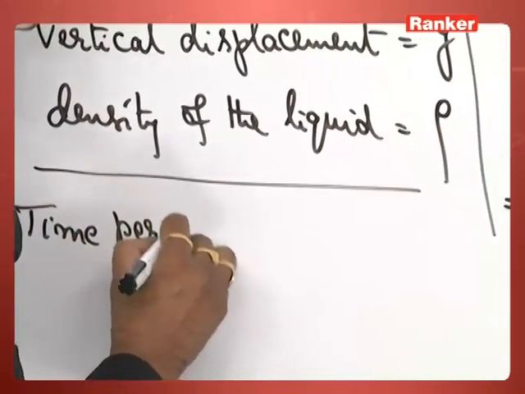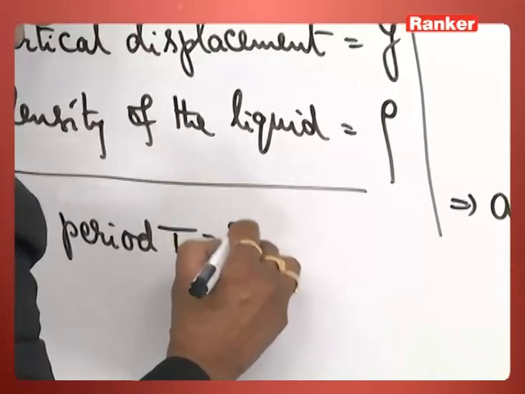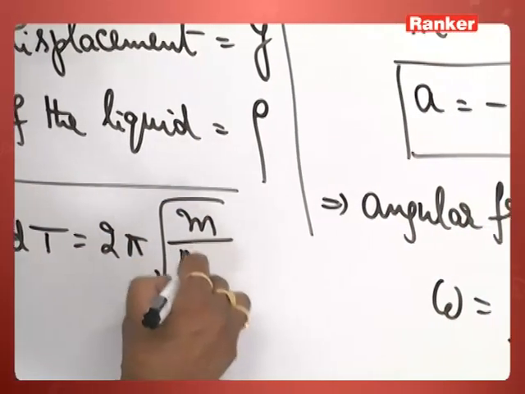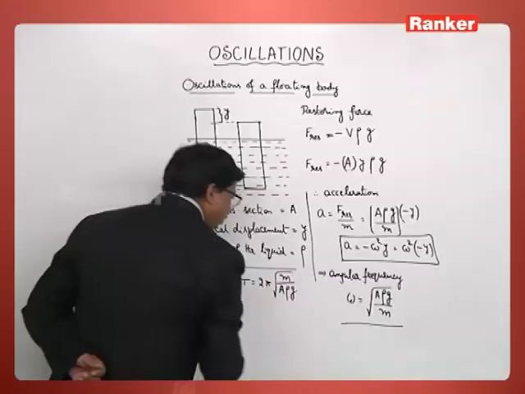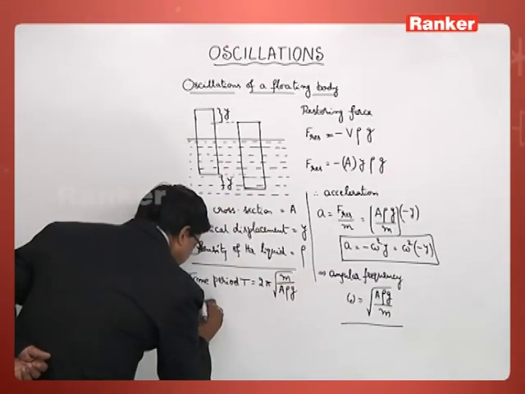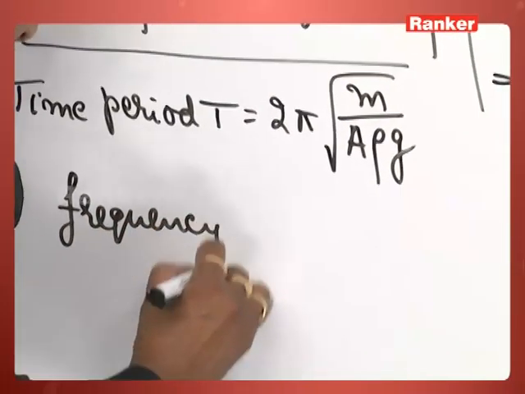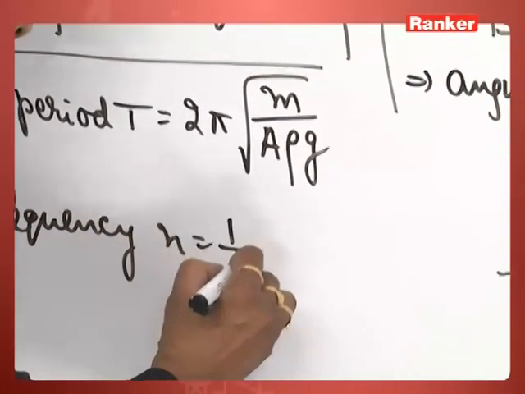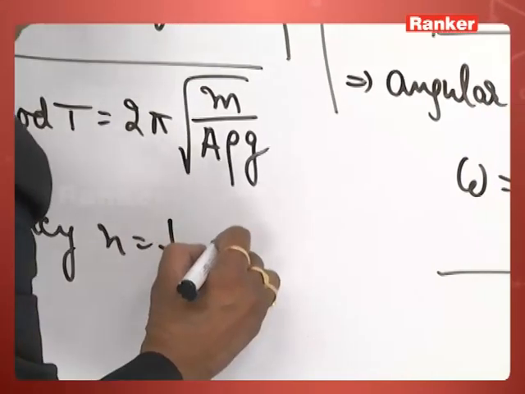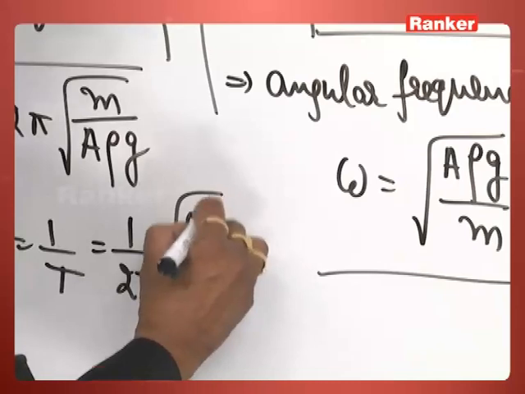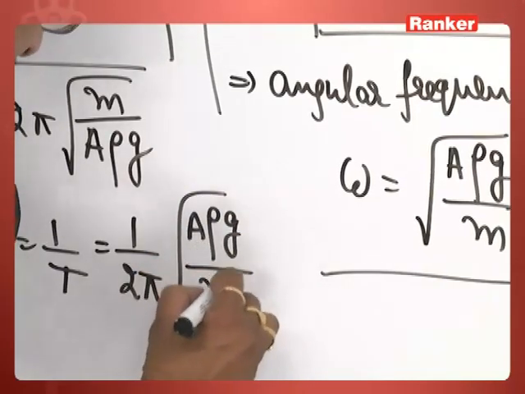The time period when we calculate it as T is 2 pi under root m by A rho g. Similarly, what is its linear frequency? Suppose if they ask you, that can be written as reciprocal of time period, 1 by 2 pi under root A rho g by m.